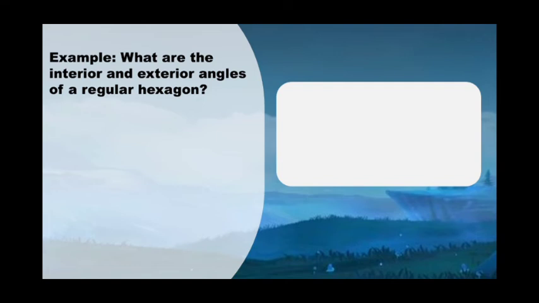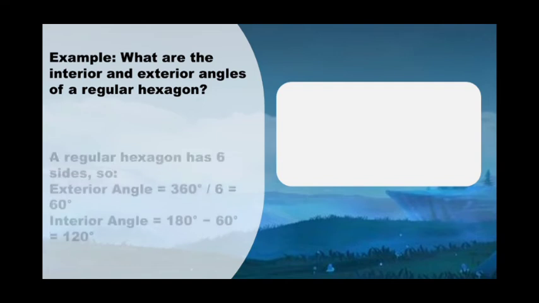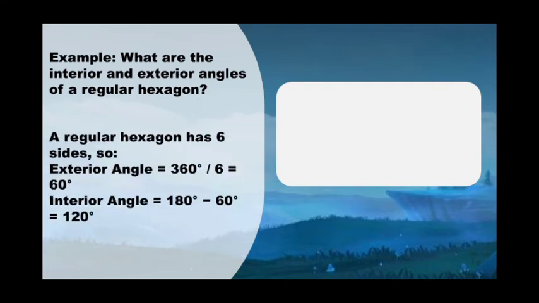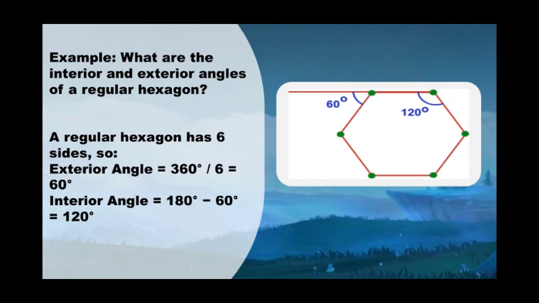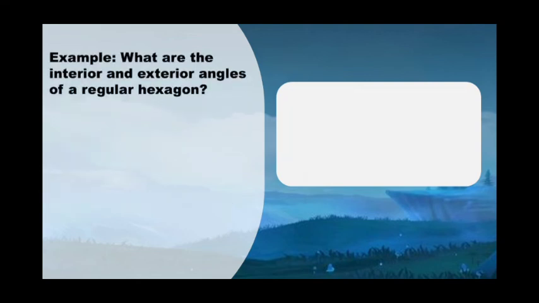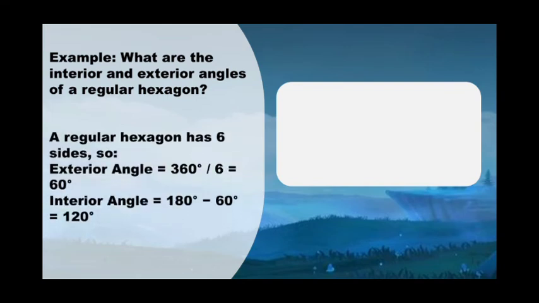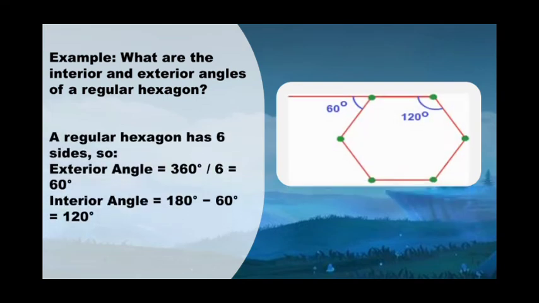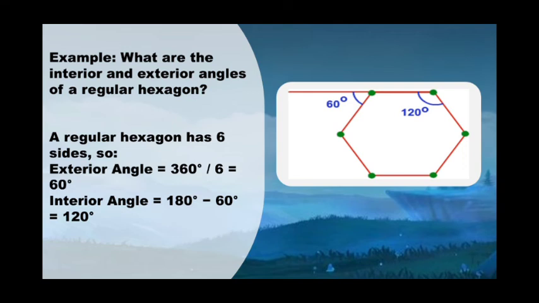So, what if pag ang interior at saka exterior angles ang hinahanap? So we have here the regular hexagon. So a regular hexagon has 6 sides. So first we're going to find the exterior angle. So exterior angle is equal to 360 degrees divided by 6 is equal to 60.